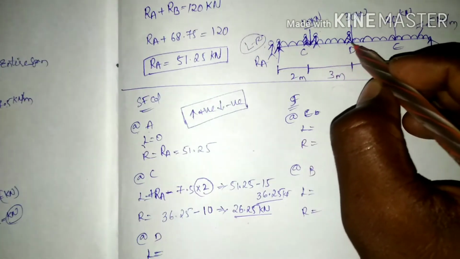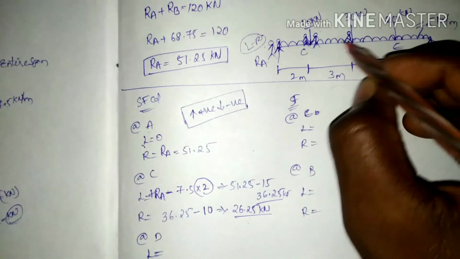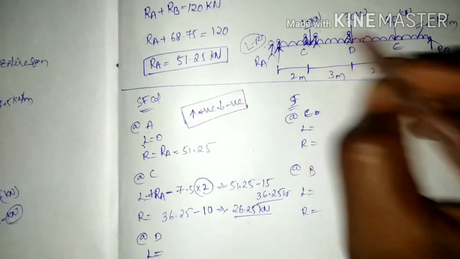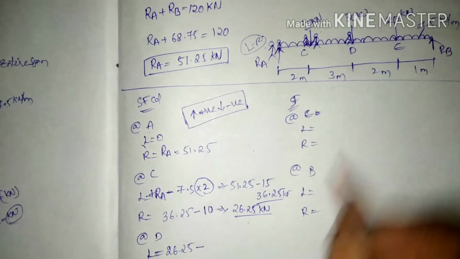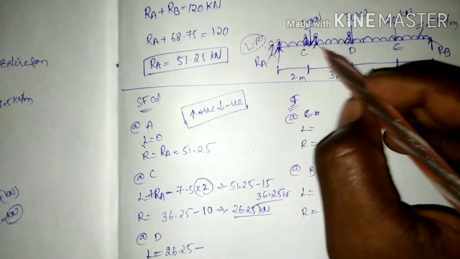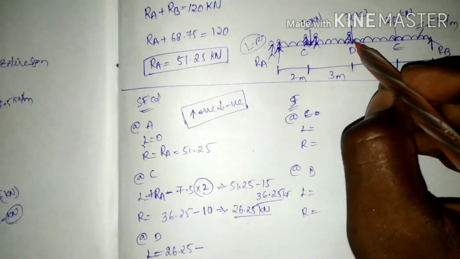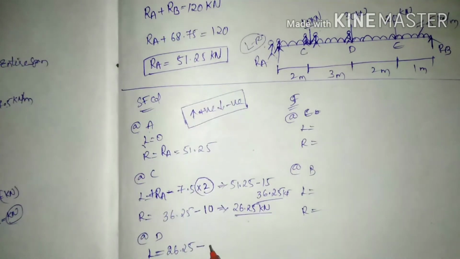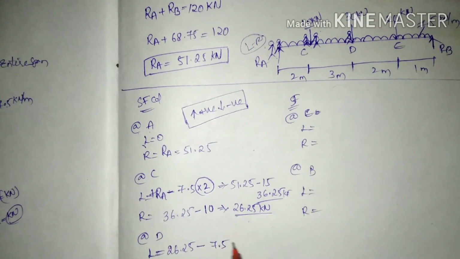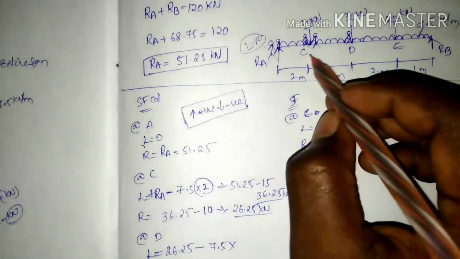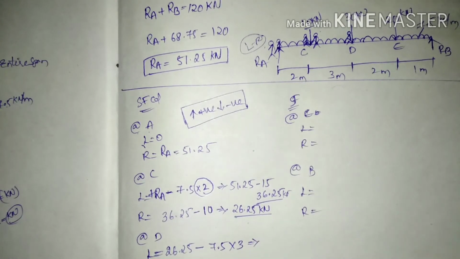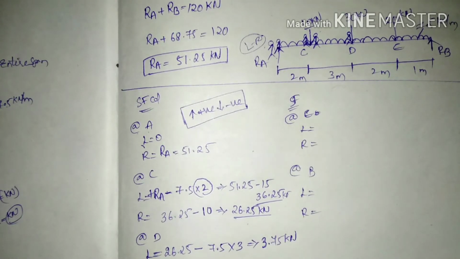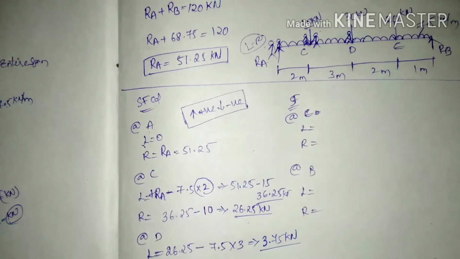While moving on to the D, the same value of 26.25, and I'm having a UDL for the left of the D, with the magnitude 7.5 and the distance from C to D is 3 meters. The value will be 3.75 kilonewtons.